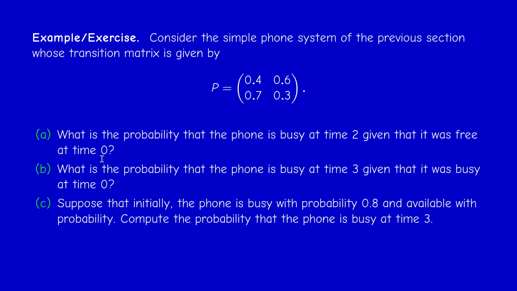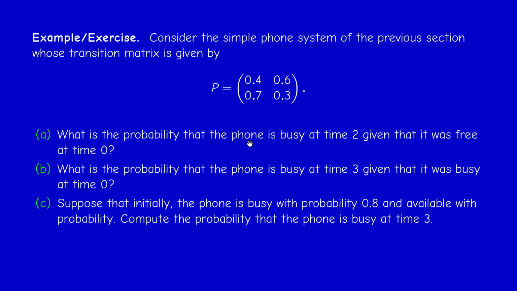And third question, suppose that initially the phone is busy with probability 0.8 and available or free with probability 0.2. But this is redundant because if we know the probability of busy, we know the probability of available because they sum to 1.